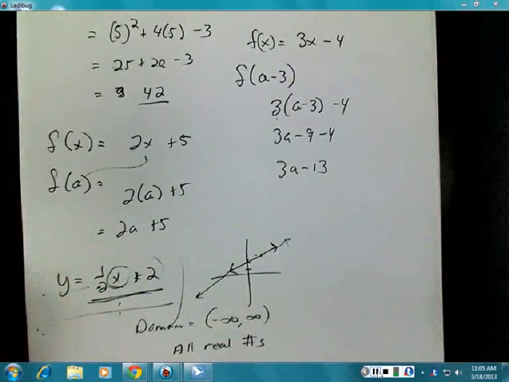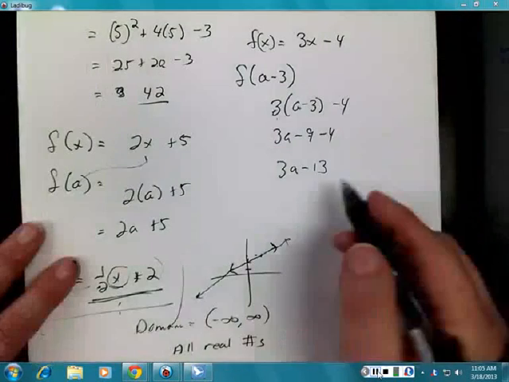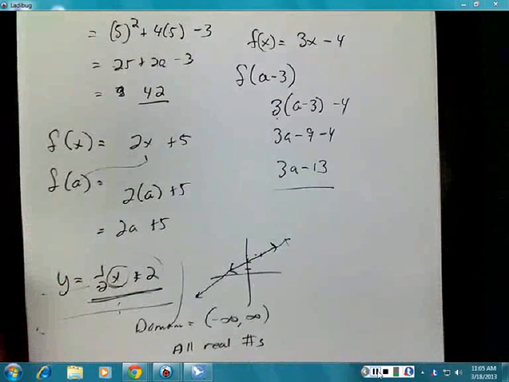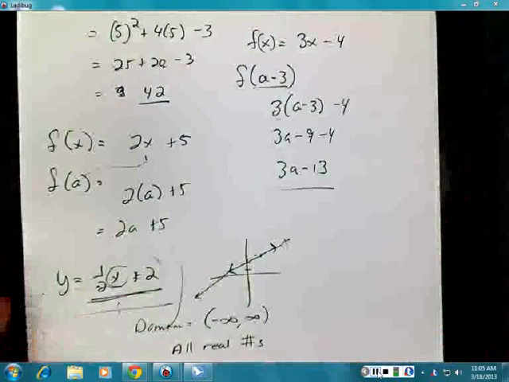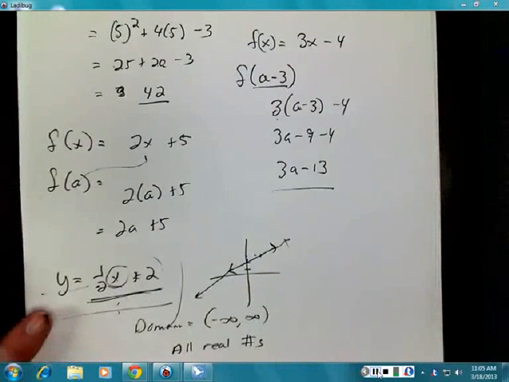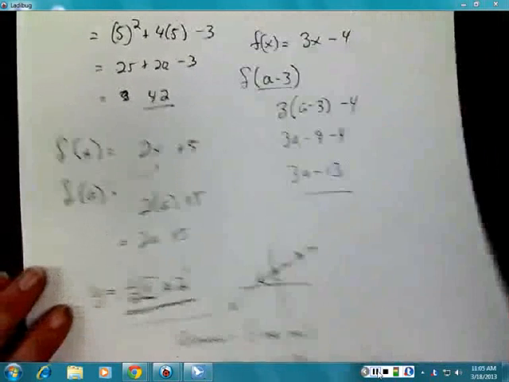Negative 9 and a negative 4 is a negative 13, so I get 3a minus 13 would end up being my answer for that one. Okay? So if you got to substitute some stuff in, that's what you end up doing, is replacing x with it. And so that was the other piece that pops up in your homework sections in Hawks with that one.